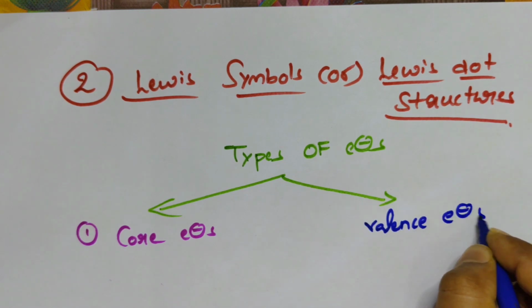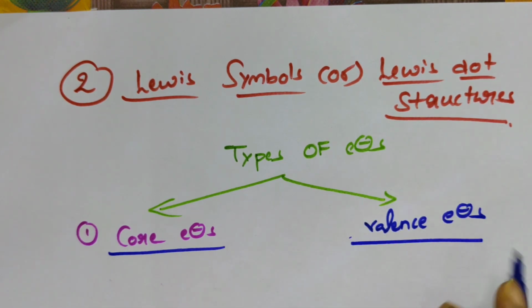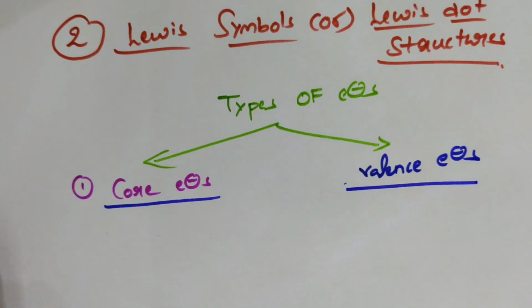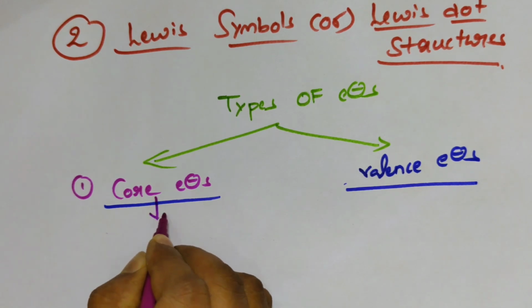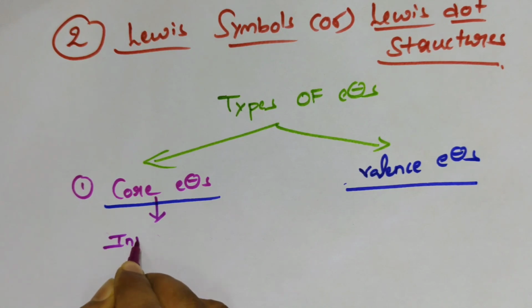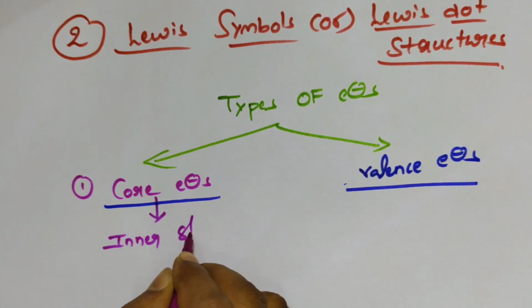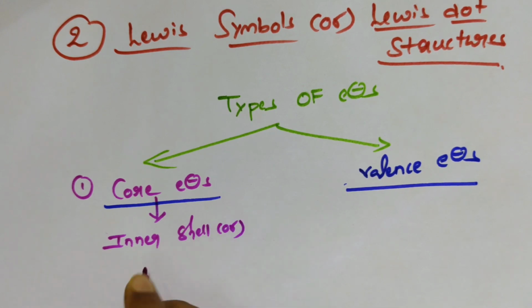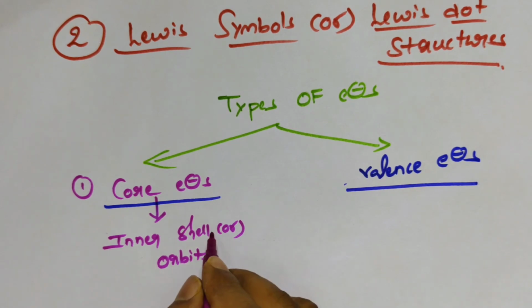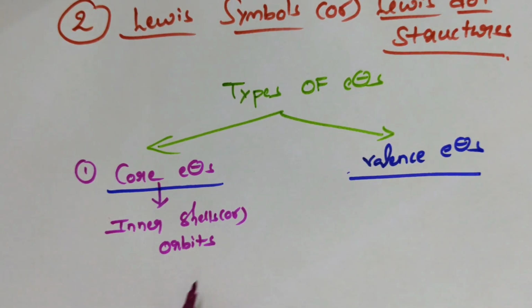What do core electrons and valency electrons mean? Simple: core electrons are nothing but inner orbit or inner shell electrons. Inner shell or orbit electrons are nothing but core electrons.